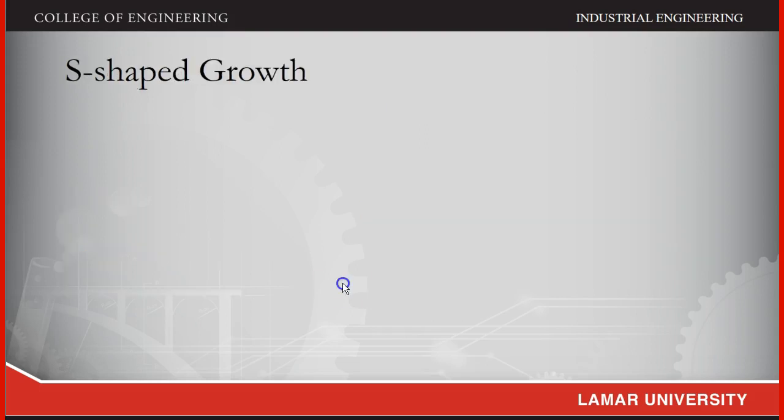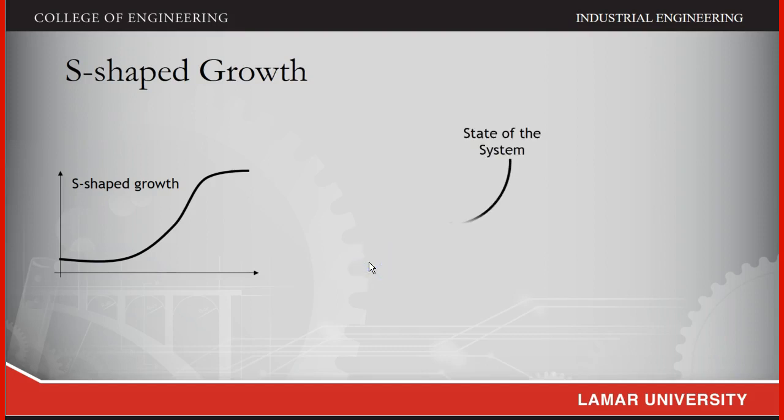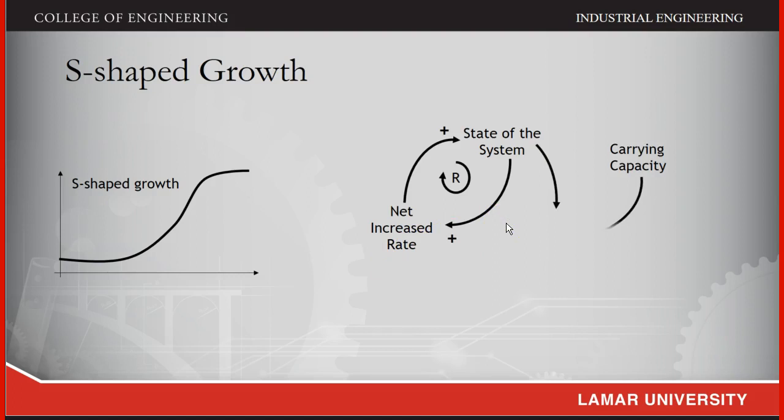The next model is the S-shaped growth. The S-shaped growth takes the name based on the form of the function through time that we see. And we start with a feedback loop process, and this process has a similar situation as the goal in the sense that we have a feedback loop, but this feedback loop refers to the adequacy of resources and a carrying capacity.